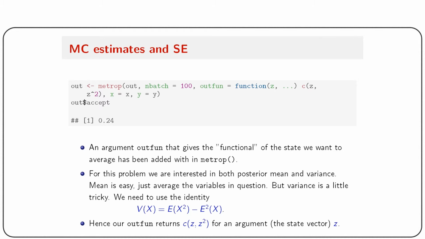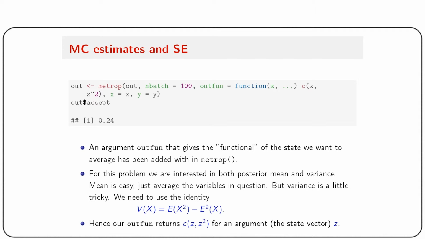Next, the MC estimates and standard error. You just run Metrop on out again, with nbatch equals 100, say, and the function outfun we define as a new function of z, that is c(z, z squared).